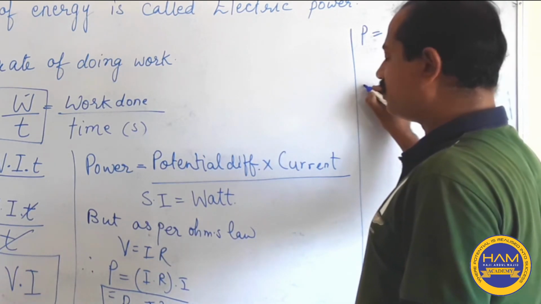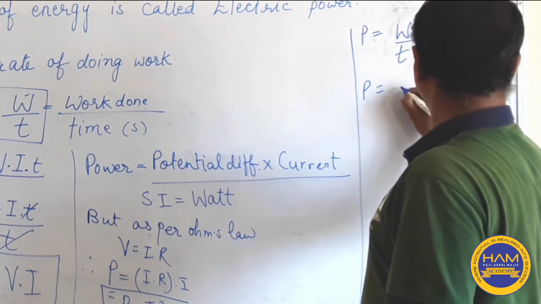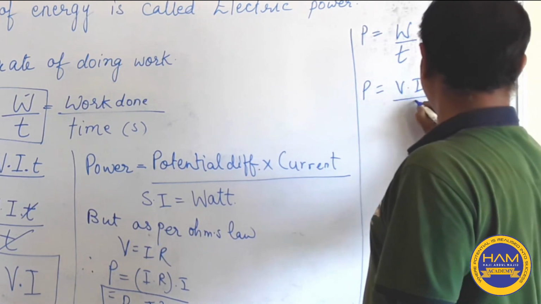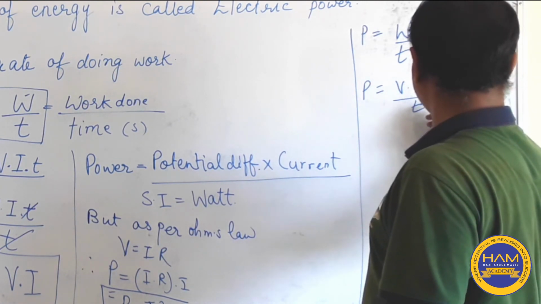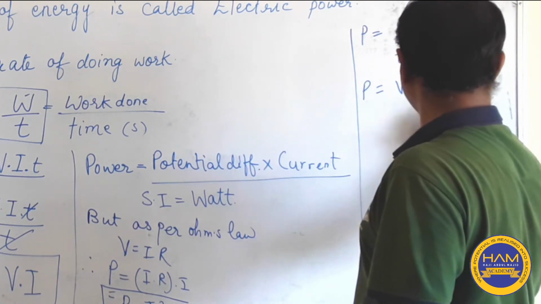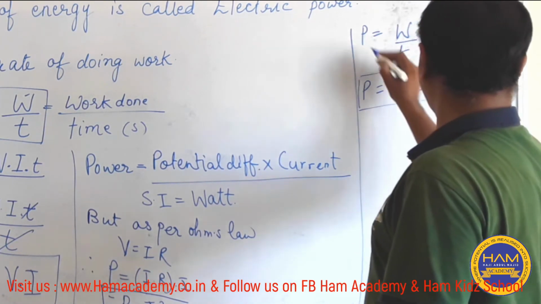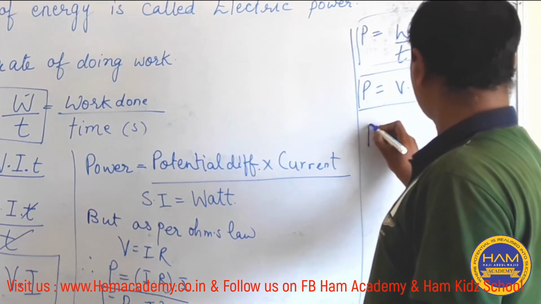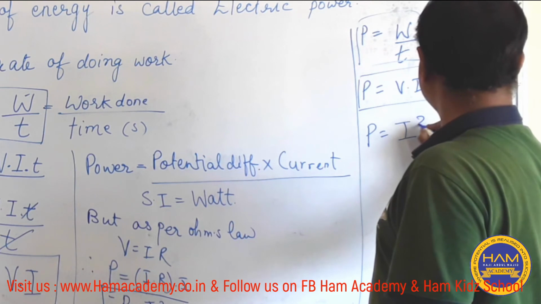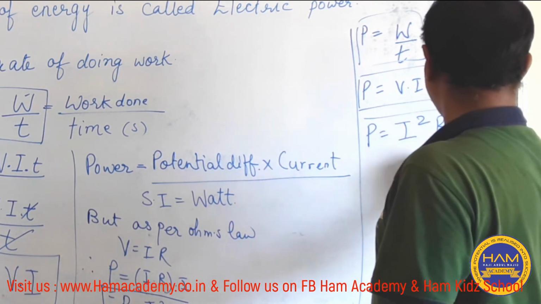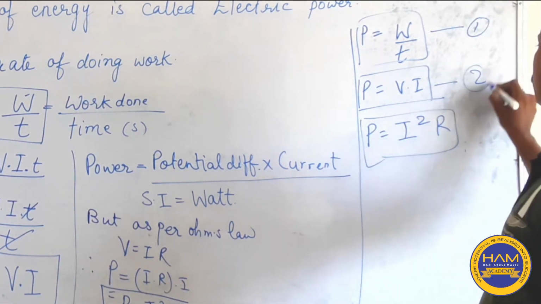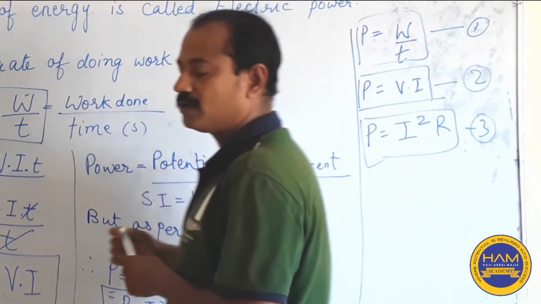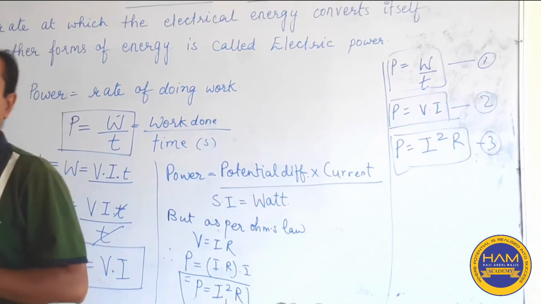Another is P is equal to V into I into T divided by T, which when it comes down, we land up at this equation, P is equal to V into I. Then we have P is equal to I square R. This is the third equation. So these are the three variations of the equation of electric power.